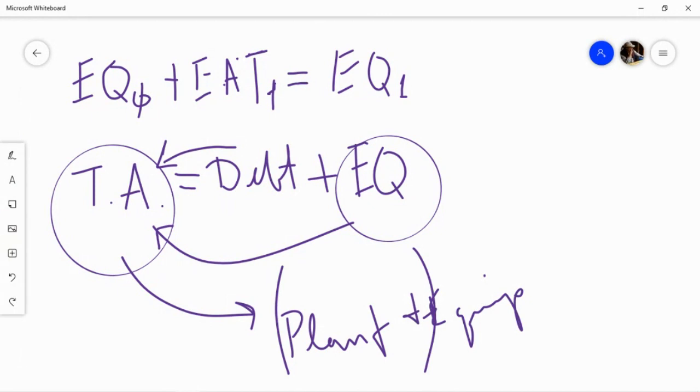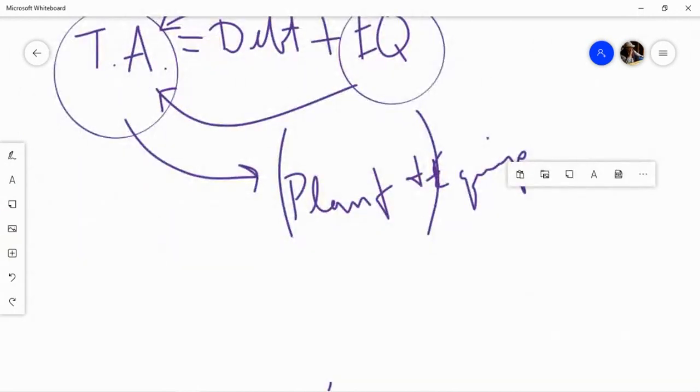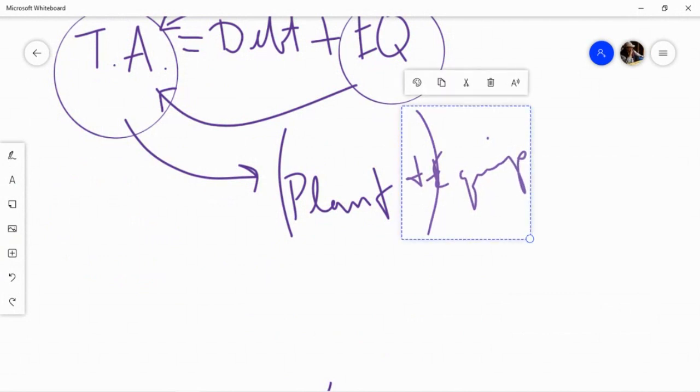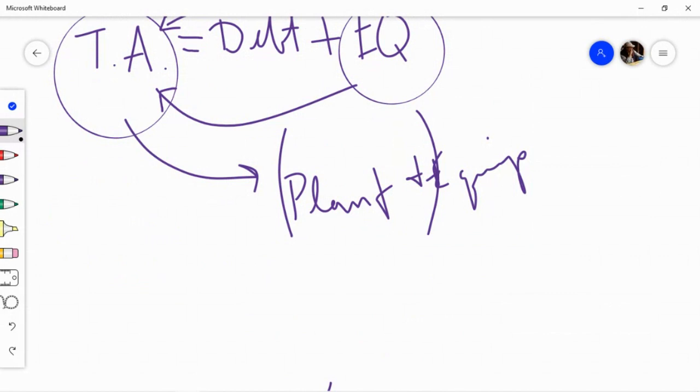But then think about it. Non-current assets, that's what's important. Non-current assets are plant and equipment, and building and land, right?